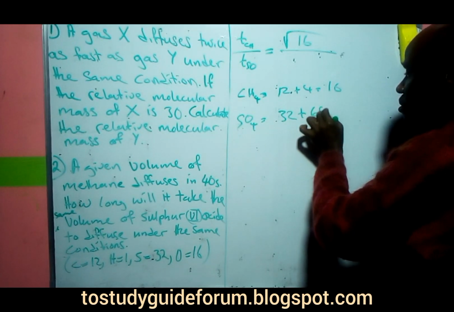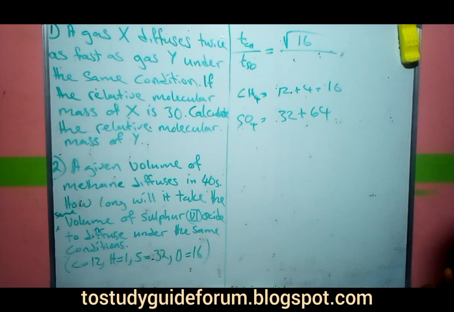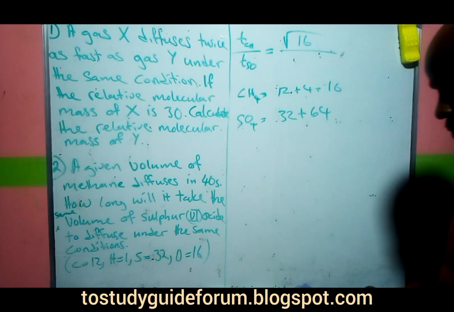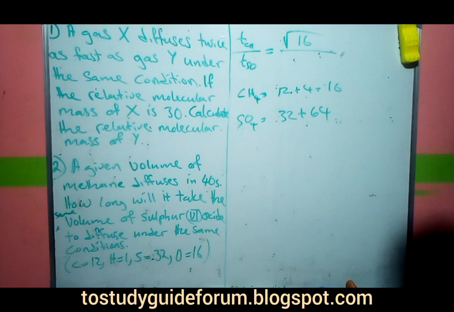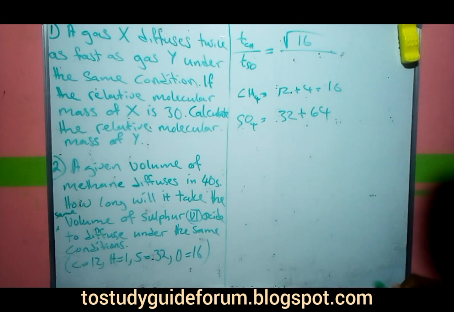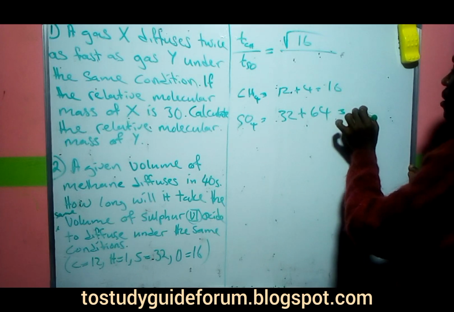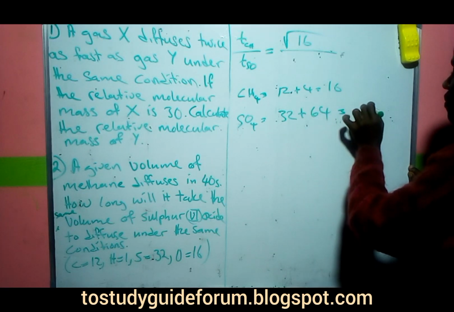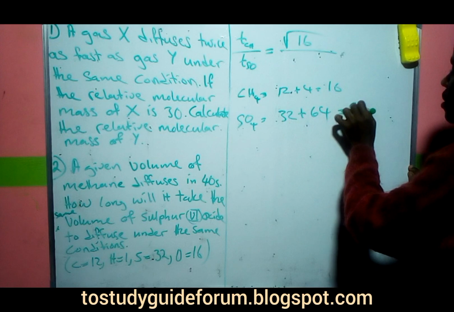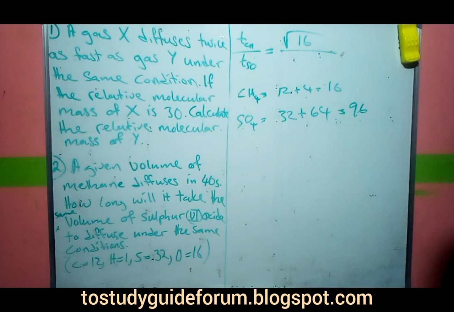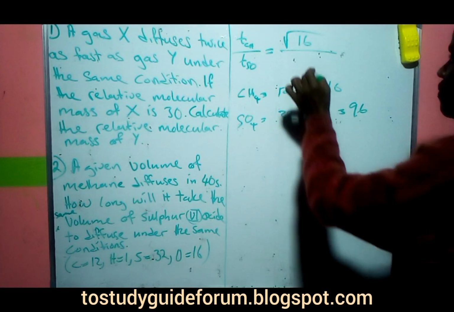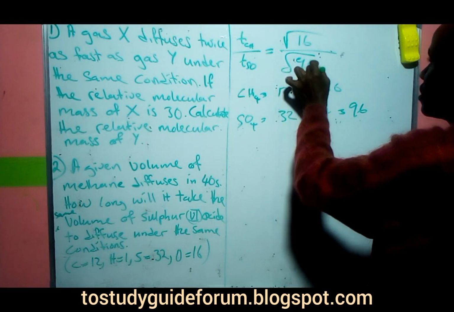Let me confirm it very well and be sure. 2 times 16 will give us 32, and adding up, we have 64. So then what we have here will be the square root of 64.